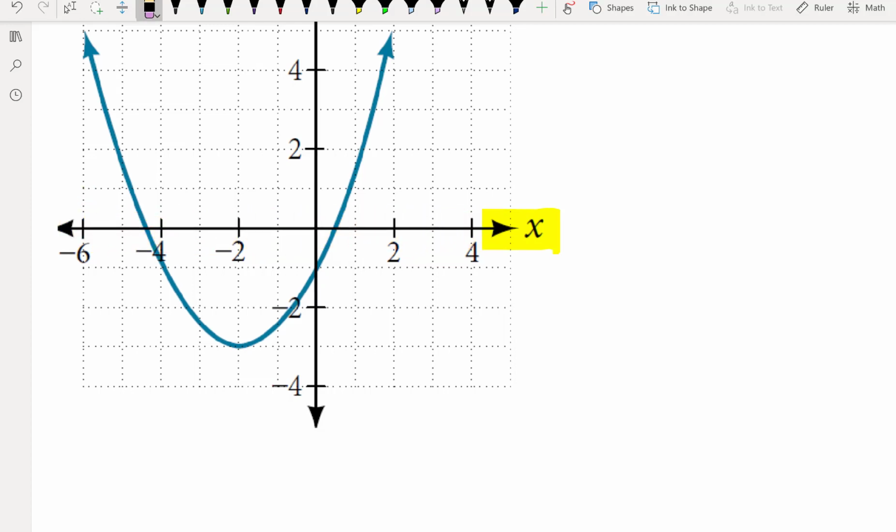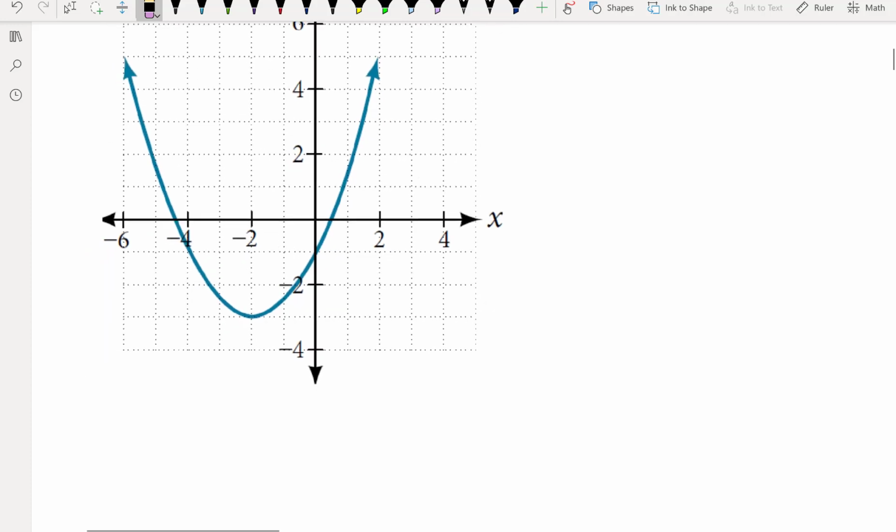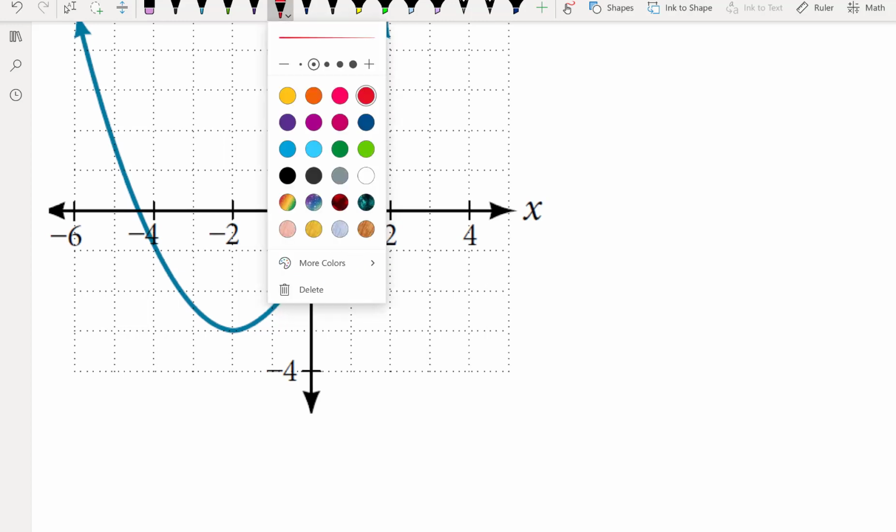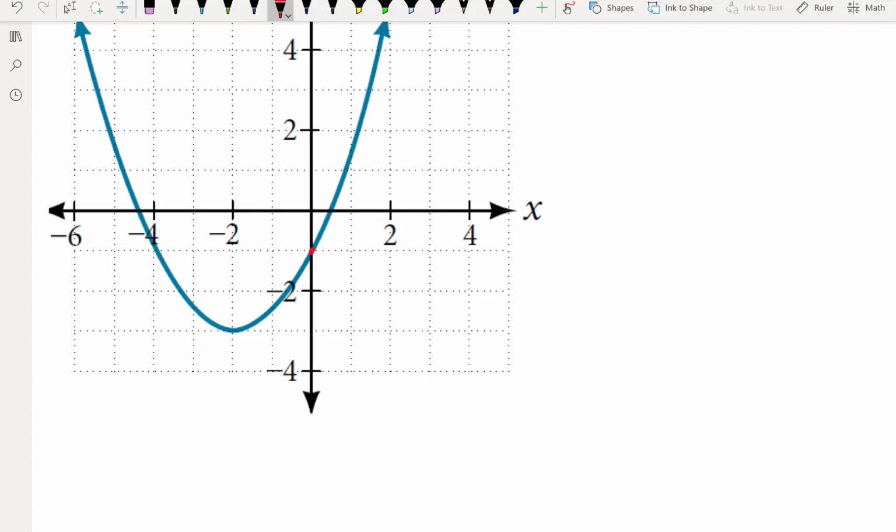And you're just like, okay, well, what information can I actually grab from this graph? Well, I can definitely tell you the y-intercept. Okay, there we go. So y-intercept, that is (0, -1).